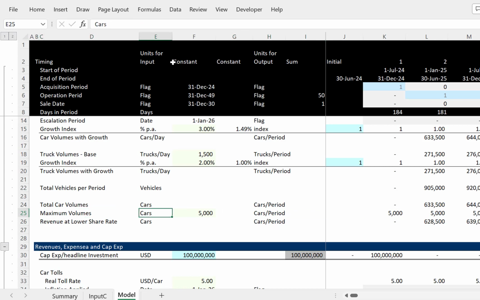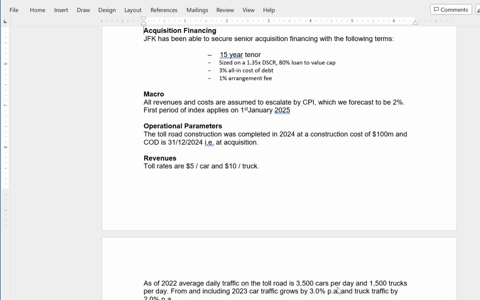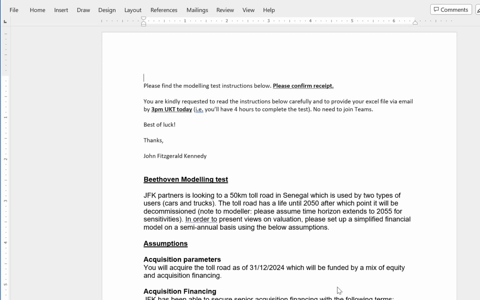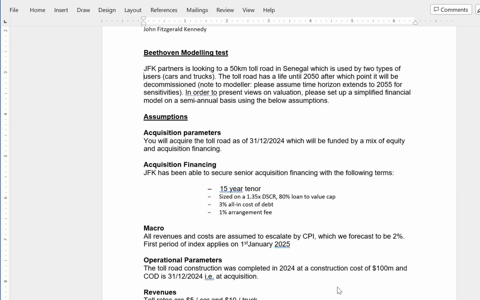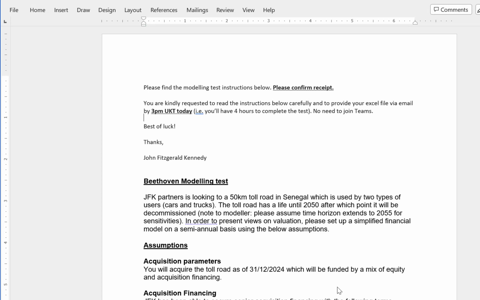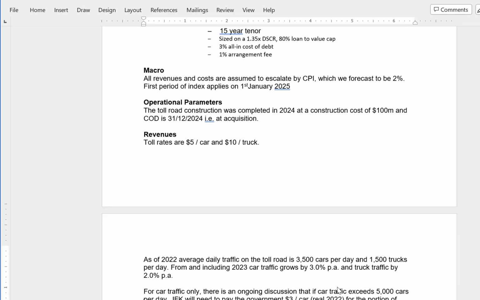This was not. This was cars per period, and I think I screwed up because when we really look at this revenue payable, I went through that way too quickly. Where was the assumption about that? Note to modeler.